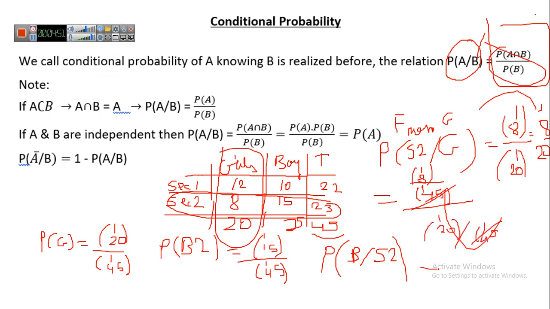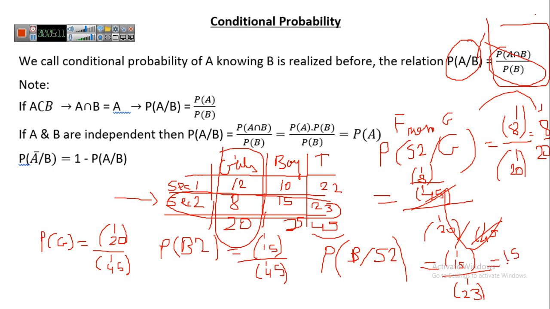From secondary 2, I want to pick a boy. How many boys do I have? I have 15, so I want to pick 1 out of 15 over total. It's not 45 anymore because I'm picking from the class of secondary 2. So 1 out of 23, so it will be 15 over 23.